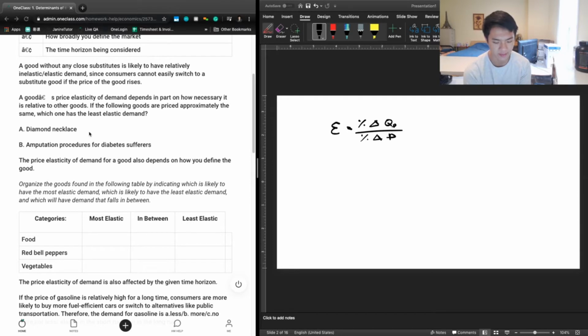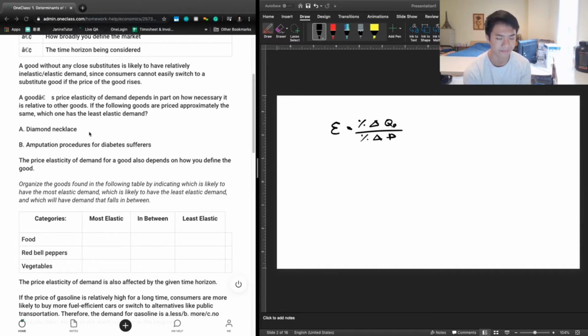And the reason for that is because these are procedures that are incredibly necessary, and so price is unlikely to have a significant impact on how much demand there is for these procedures, right? You can think of a scenario in which you could raise the price by 200%, and for many of these diabetes sufferers, they would still probably demand the amputation procedures that are being offered because they're necessary for continuing to live.